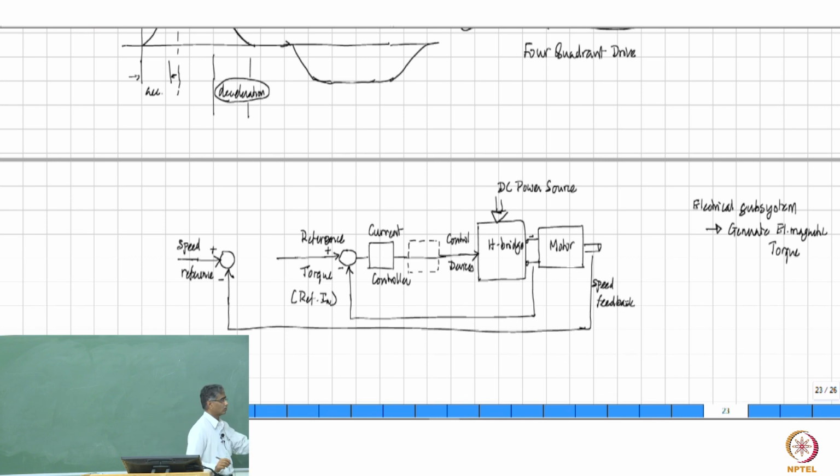And once you know what is the difference between what you want as speed and what is the speed now, obviously if the speed difference is large, what you want and what the motor is now rotating, you would like to accelerate more and reach that value of speed. So depending on this difference, you then have a controller that determines how much should the acceleration be. So this is then a speed controller.